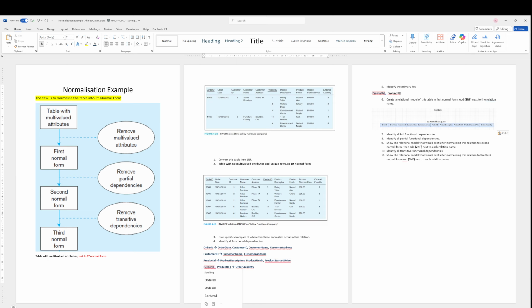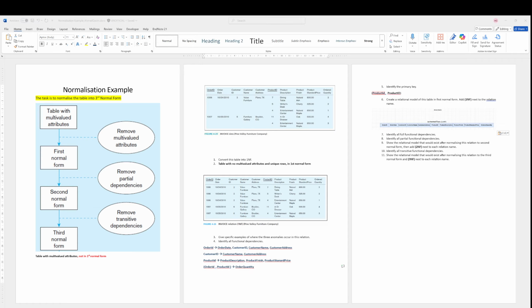So order ID, for example, cannot separately identify the order quantity alone, and also the product ID cannot identify the order quantity. In this case, you need two keys to identify the order quantity.